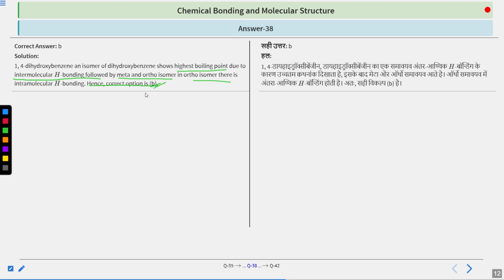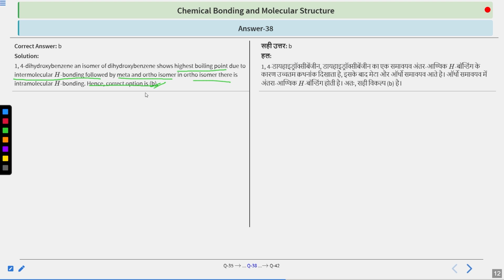But if the hydrogen bonding is not operational, then the only way to interact with the other molecule in the case of dihydroxybenzene is the van der Waals forces, right? But these van der Waals forces are very weak, and as a result of their weakness they can be easily broken, and the molecules evaporate easily. So this is the reason.